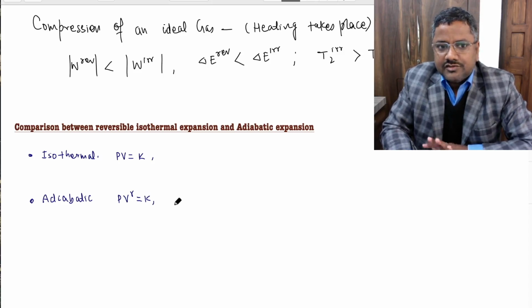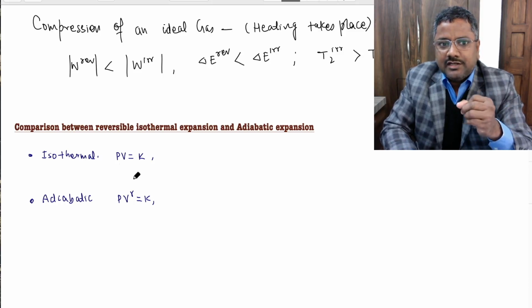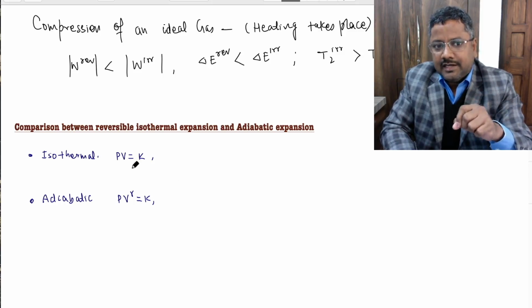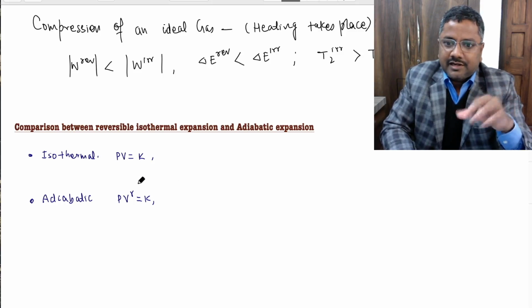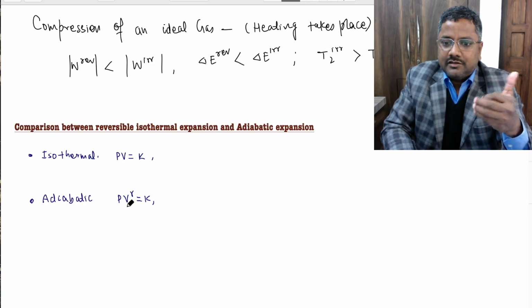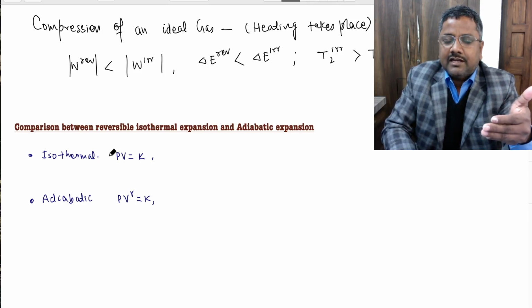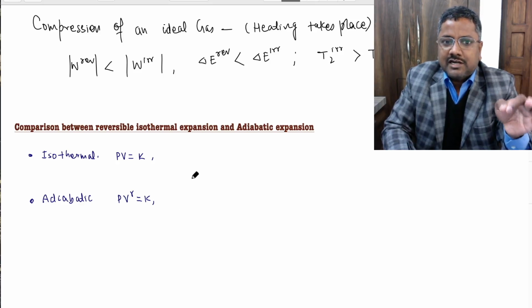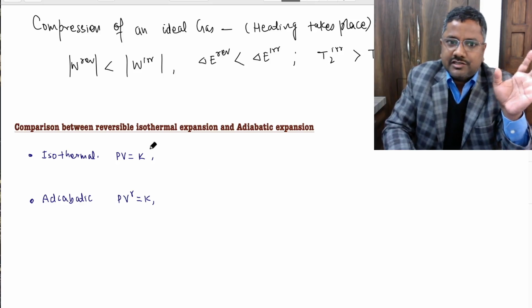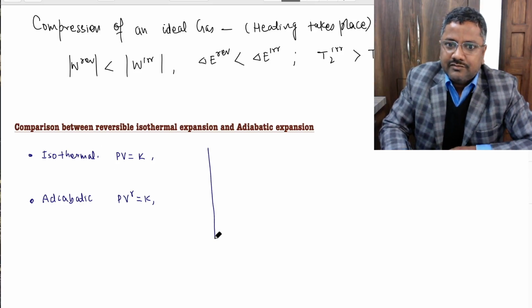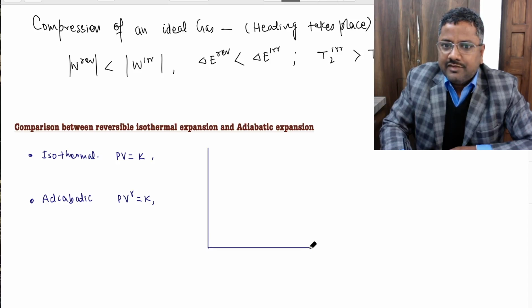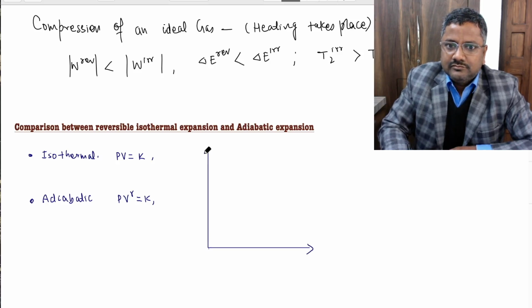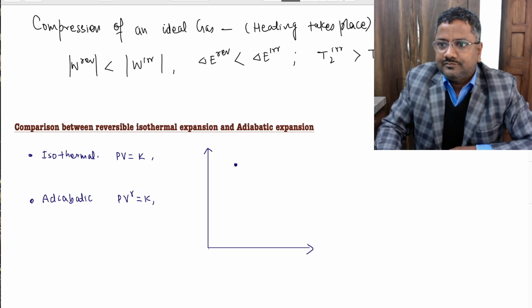Since T is not constant, if we compare the variation in pressure in adiabatic and isothermal, the rate of change of pressure is definitely different. Suppose we have started with the same initial state for isothermal and adiabatic, and we have a plot of this expansion.